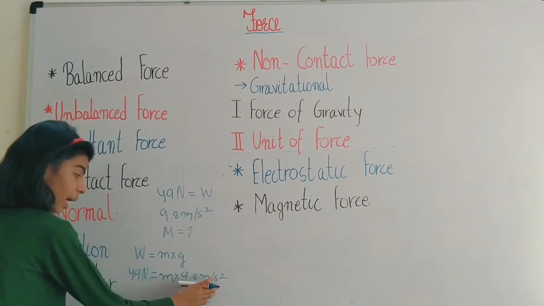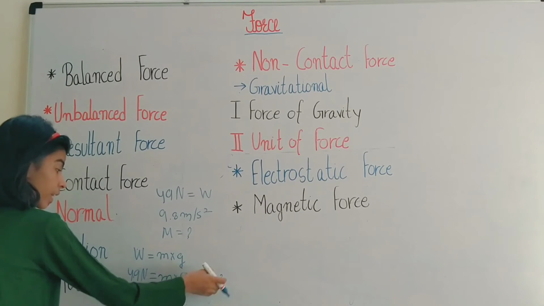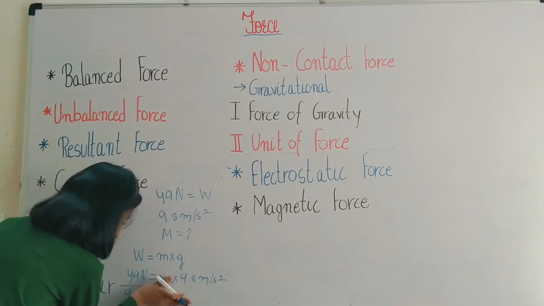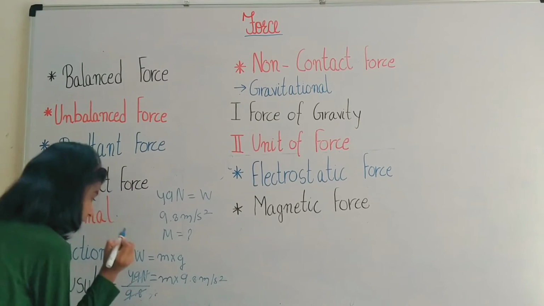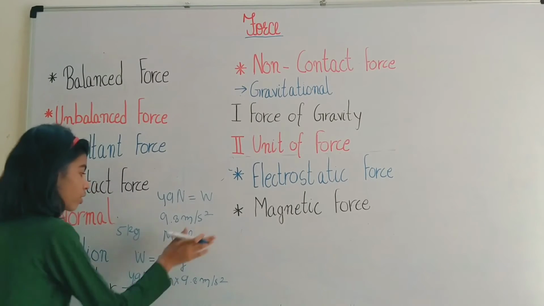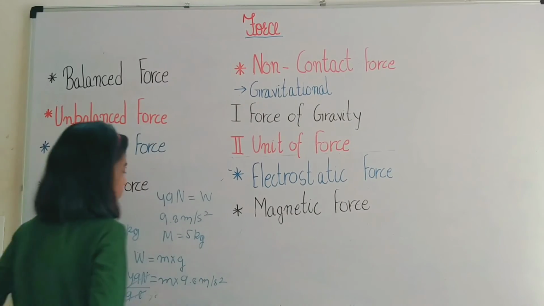Since it is in multiplication, it will come here and become division by 9.8 meter per second square. When we divide it properly, we get 5 kg. So the mass of the object will be 5 kg in this case.